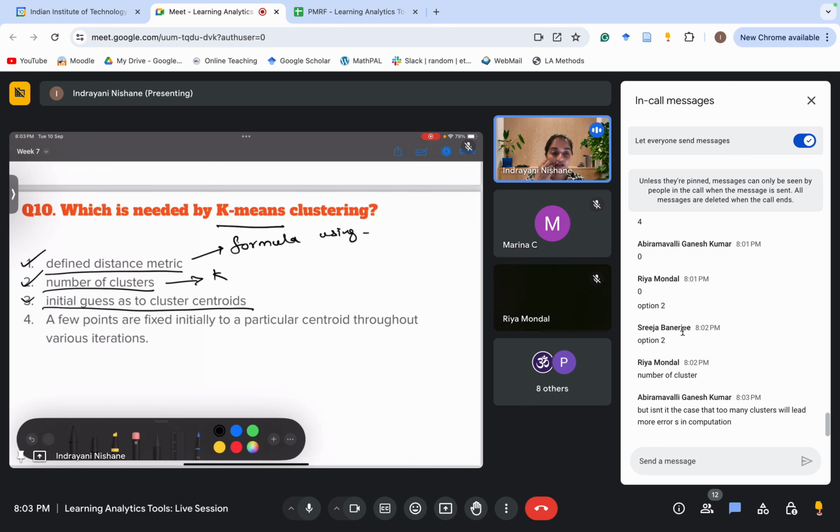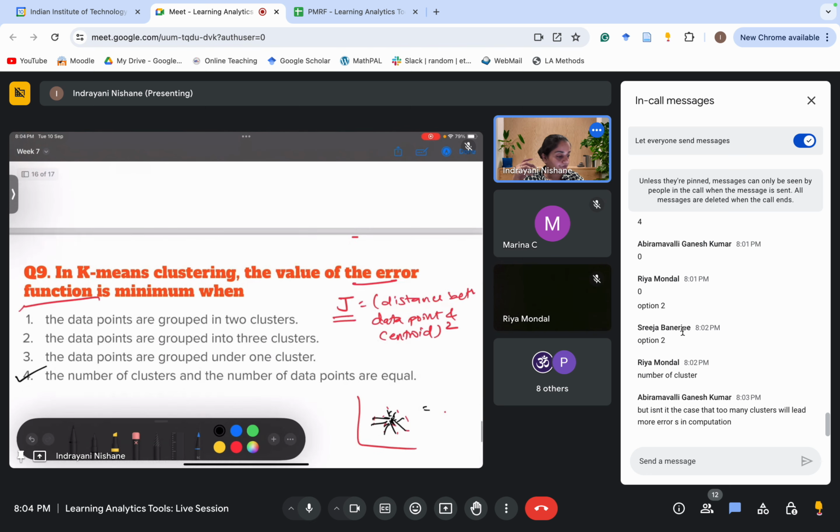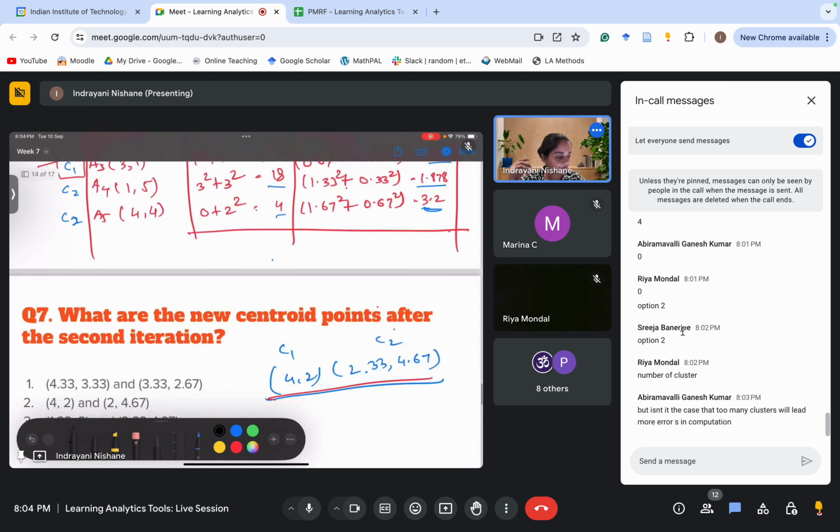Okay, I'm getting a very interesting comment in the chat box. The comment is, but isn't it the case that too many clusters will lead to more errors in computation? Of course it will lead to more errors in computation. That's the whole point of coming up with a J curve, because that error function follows this pattern, this curve.